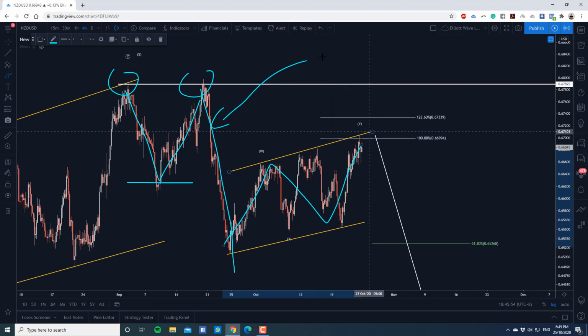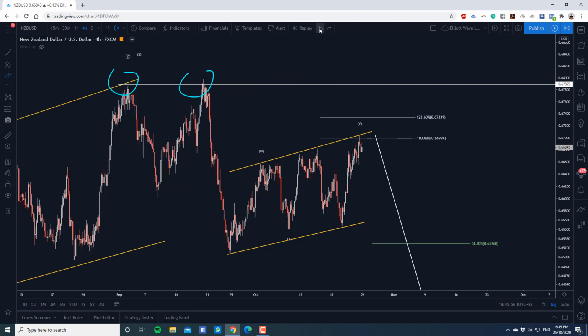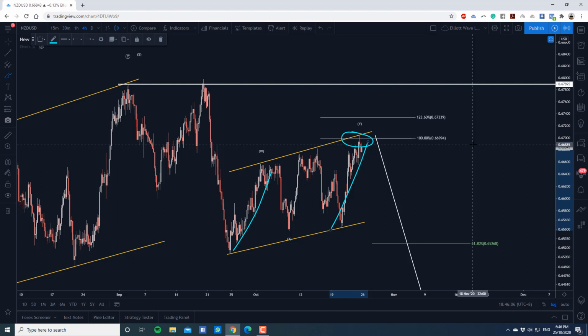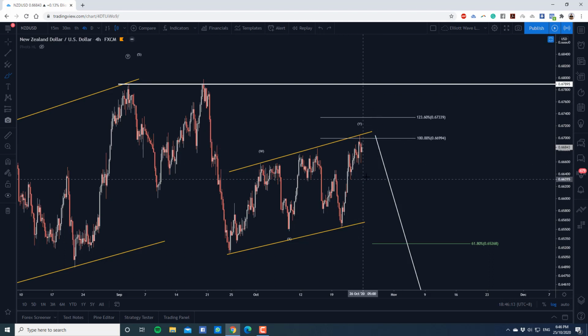Everything aligns very nicely. Price has even touched the equal leg of this WXY around 0.6699, about 0.67 if you round up a little. That doesn't mean price needs to drop immediately, but I'm stacking up the odds and the probability for a short trade.